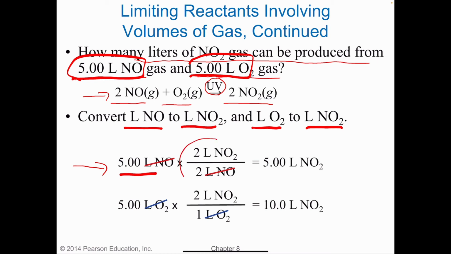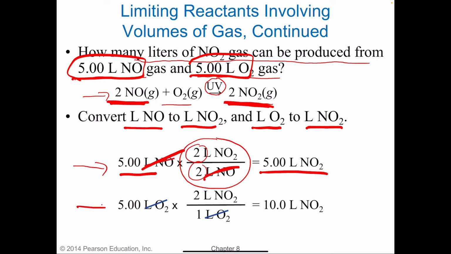And then we're using the mole to mole ratio from the balanced chemical equation. 2 moles of NO yields 2 moles of NO2, so that's why we've got a 2 over a 2 right here. And then the units are canceling out. Liters of NO cancels. So 5 liters of nitrogen monoxide would yield 5 liters of nitrogen dioxide.